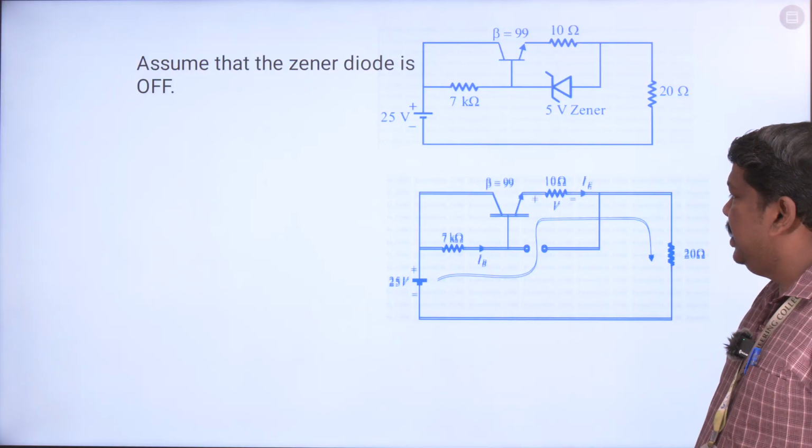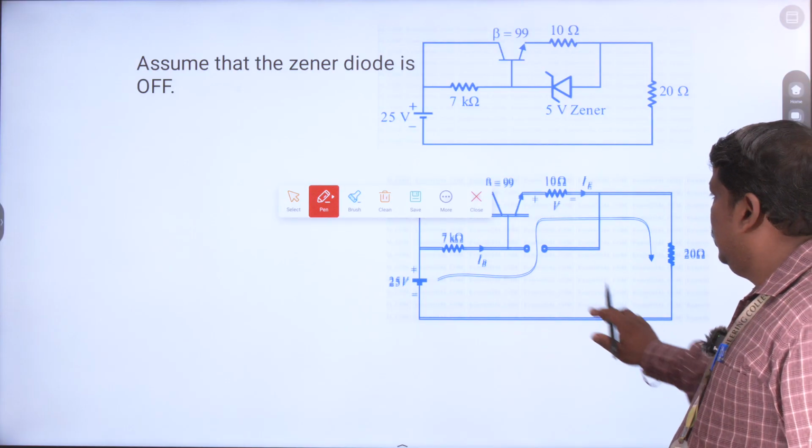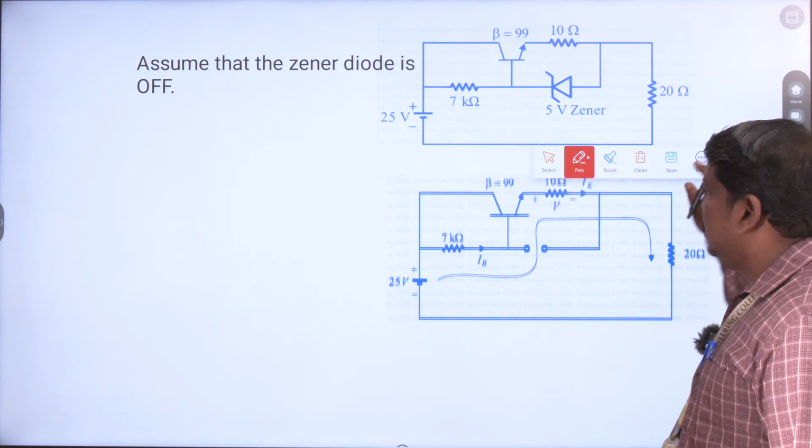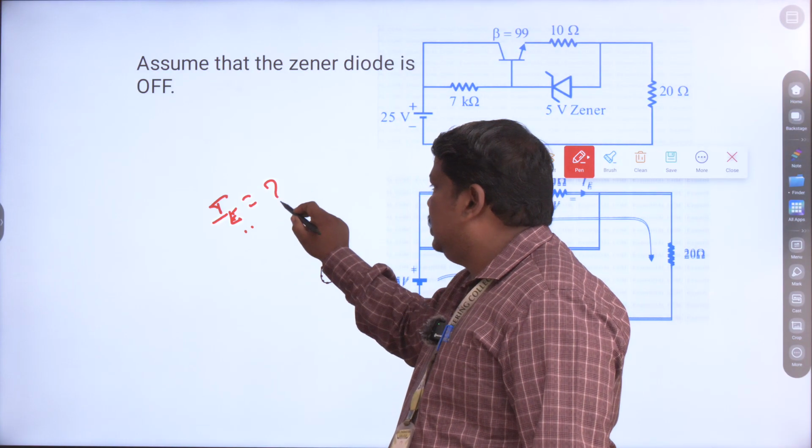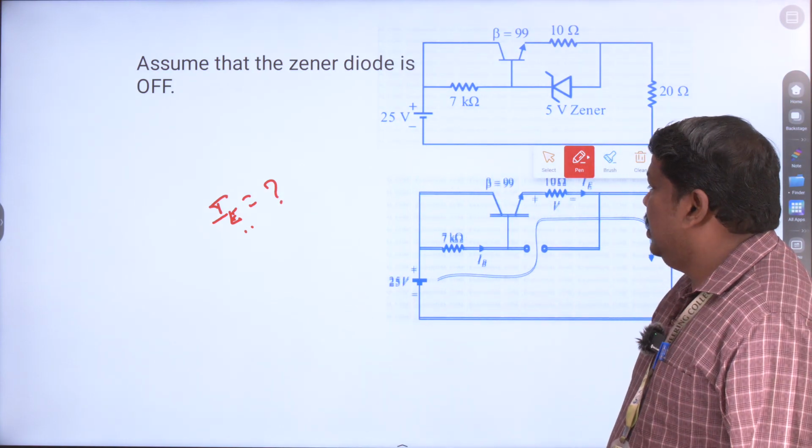How can we calculate the current through the 20 ohm resistance? We are going to find IE.